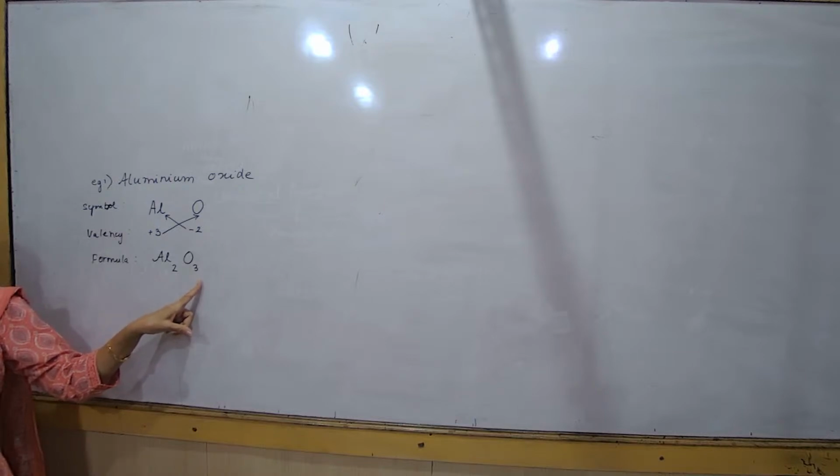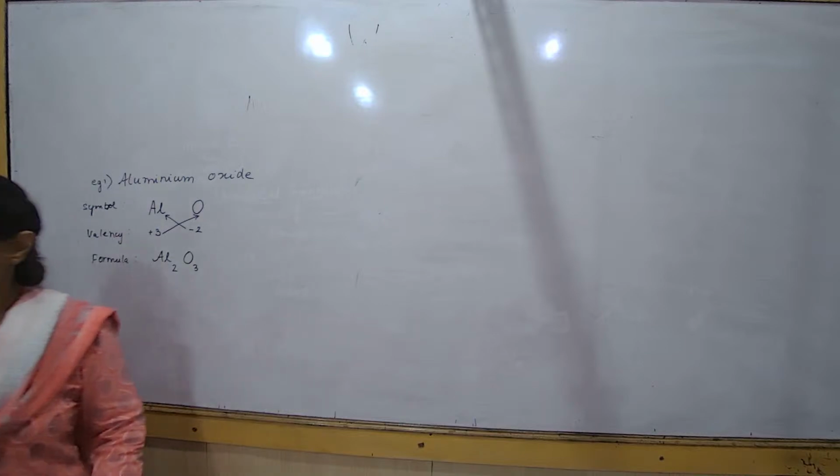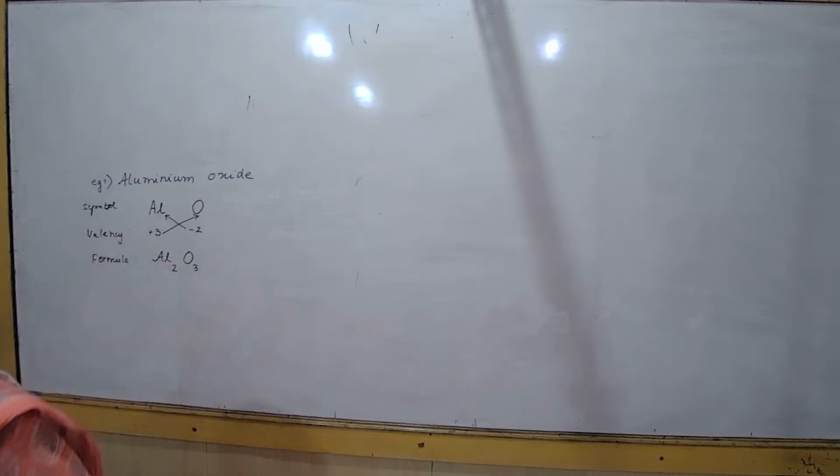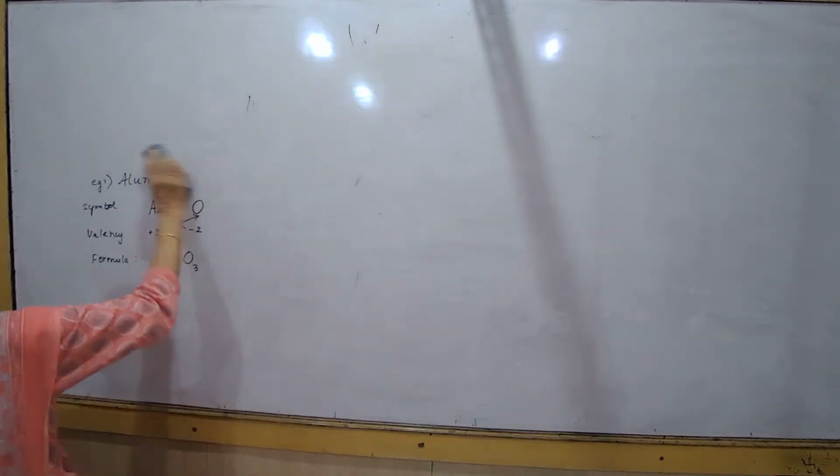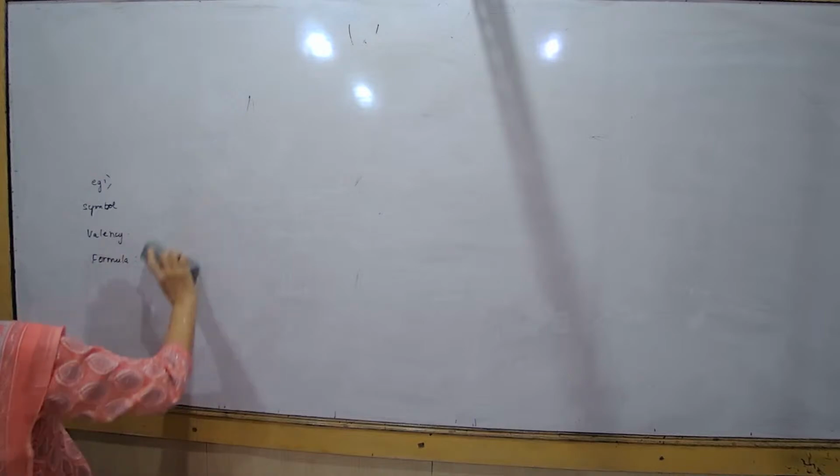Three atoms of oxygen in aluminium oxide. Okay?